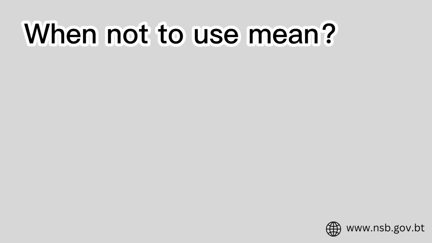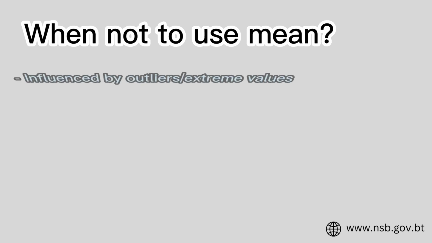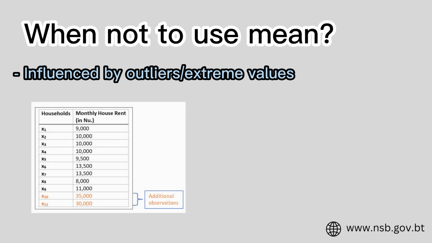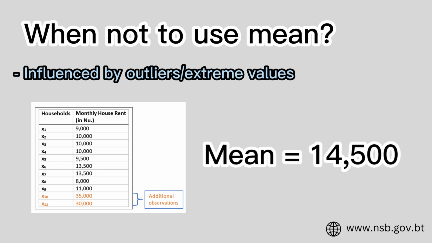Now, let us look at when not to use mean. As mean includes every value in the data set, it is influenced by outliers or extreme values. Let us use the same data set to illustrate this, but now with 2 additional values, that is x10 equal to 35,000 and x11 equal to 30,000. With the new values, if you compute the mean following the steps mentioned above, the mean will come to 14,500.